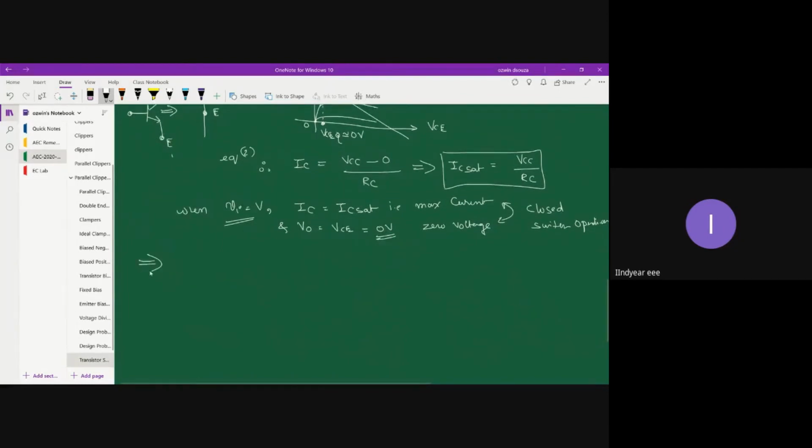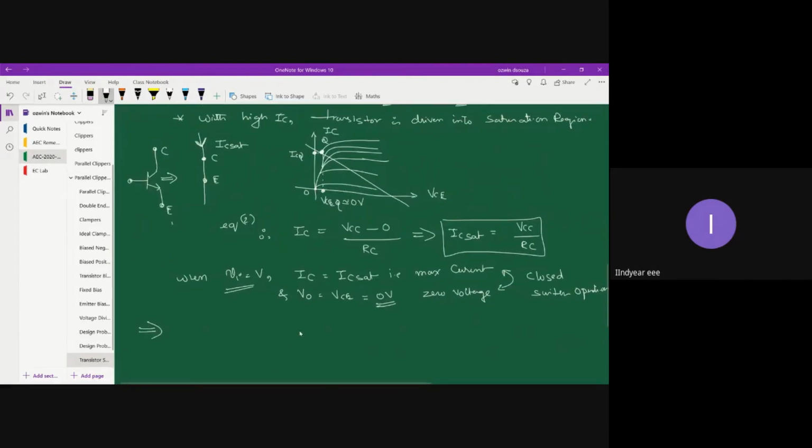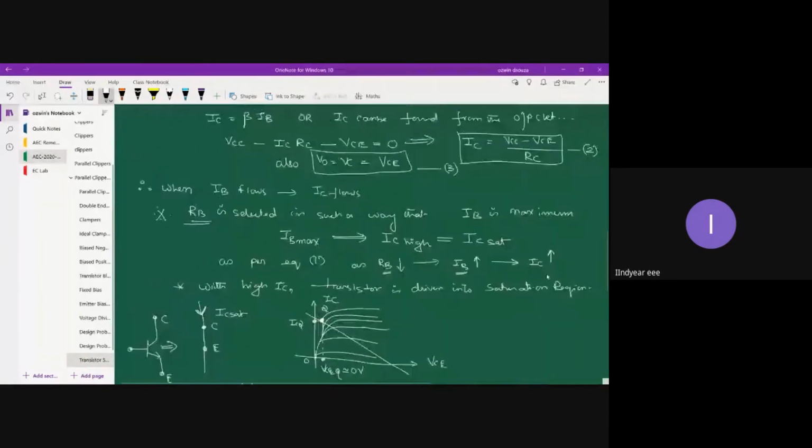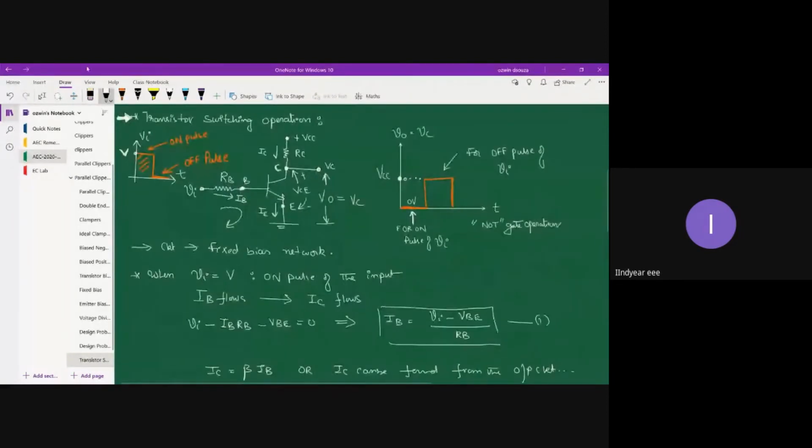Fine. Now let us look at the dual condition, that is, what happens when you make your input pulse 0. Also, you observe that when your input is maximum, output is 0. So for the on pulse, your input is maximum, but your output is 0, because under short circuit, your output voltage is 0, whereas output current will be maximum.